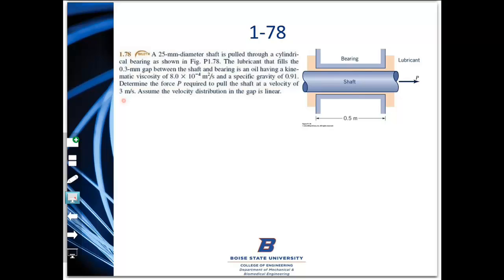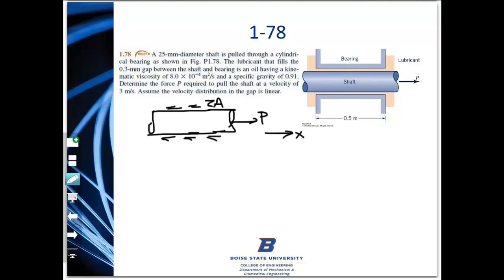Let's see what forces are acting on this particular system. If you draw the shaft, the forces acting on it are the force which is pulling it, and then you have the shear stress here, which is not a force, but you can multiply it with an area and then that becomes a force.